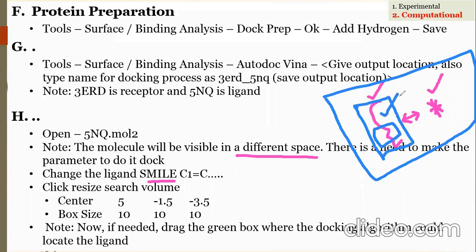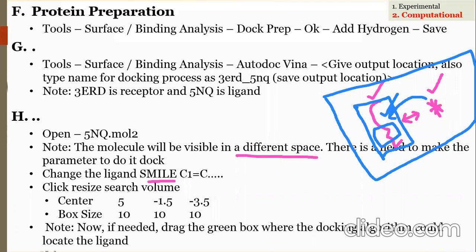If we grid the whole protein, this ligand will bind wherever it has the affinity to bind. So usually people do blind docking initially, and later on, after having some information about the specific pocket, the grid is set around that very specific pocket, so that the molecule could dock there.